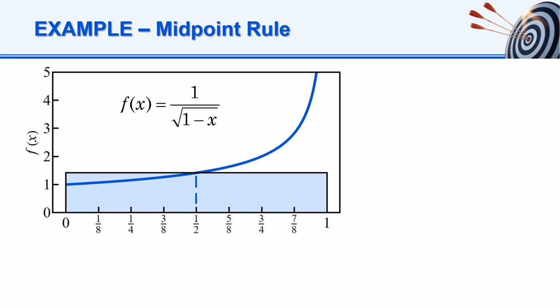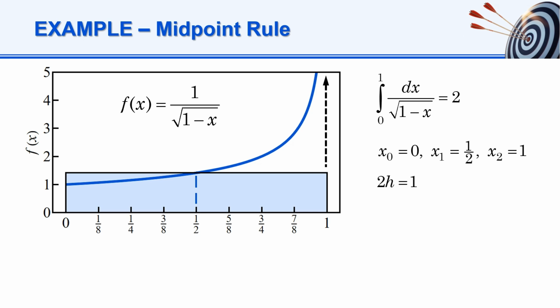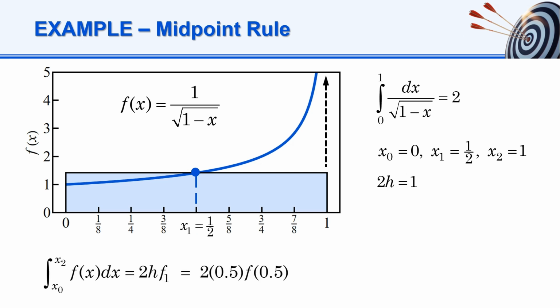The function f(x) has a discontinuity at x equals 1, but it has a definite integral, which is equal to 2. We identify the abscissas and note that 2h equals 1. Treating the integration interval as a single region, the midpoint rule yields 1.414214.